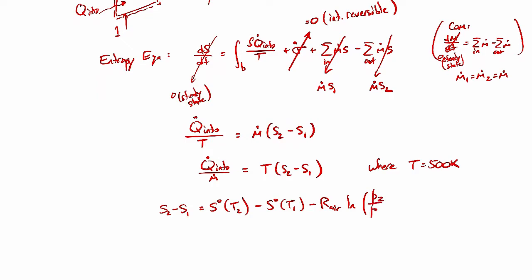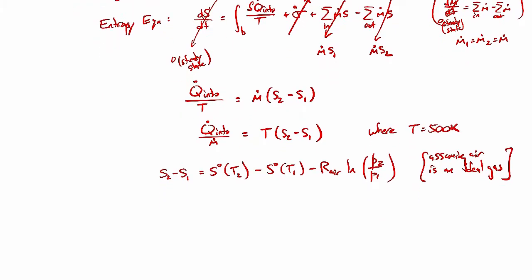So the assumption here is assuming air is an ideal gas. Now what we need to do is figure out what the S0 values are.